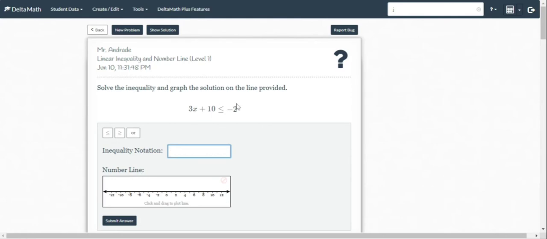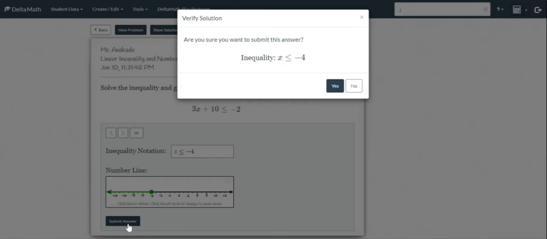If I subtract 10, I get negative 12. Divide by 3, I get negative 4. X is going to be less than or equal to negative 4. That means I'm going to go to negative 4, click and drag till I get to the arrow. Let's submit the answer.